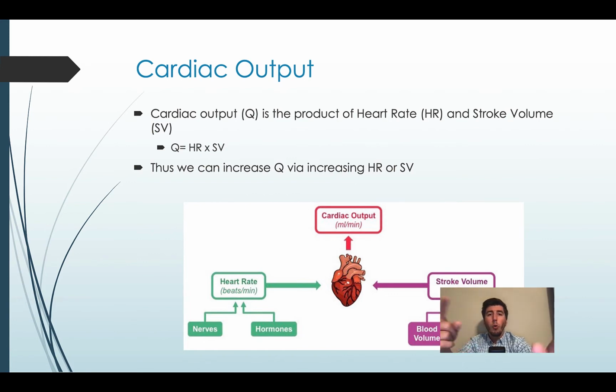And then also hormones. What hormones do we know are going to increase our heart rate? Epinephrine and norepinephrine, right? Those hormones are making a comeback from last lecture to here. Stroke volume is going to be determined by blood volume and vascular resistance, right?